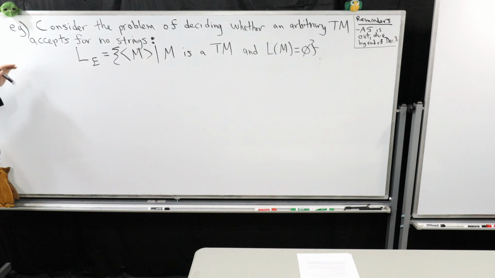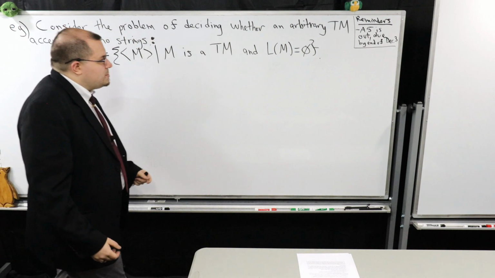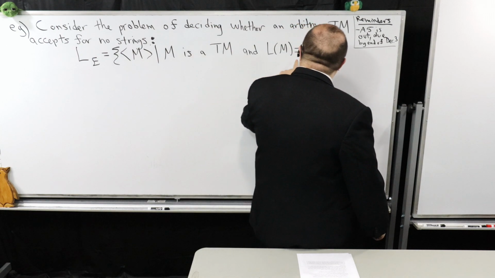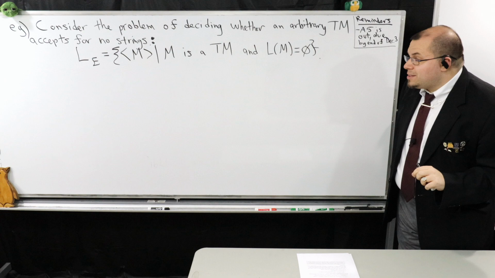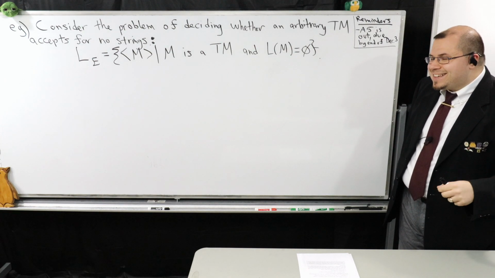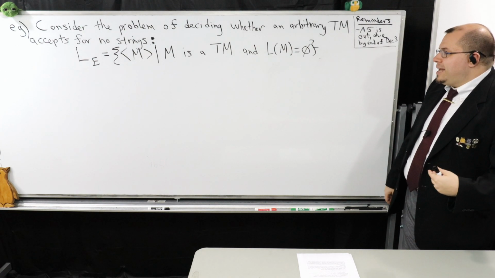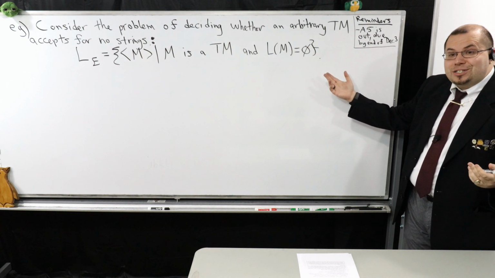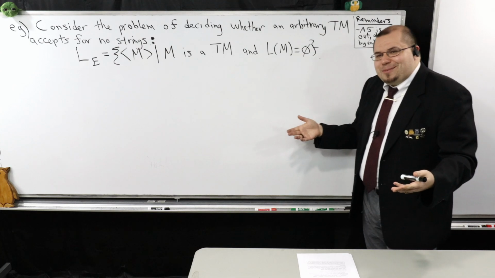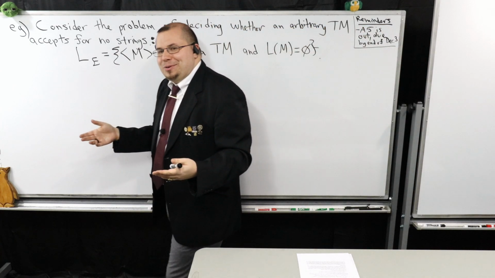I'm going to consider the problem of deciding whether an arbitrary Turing machine accepts no strings. That means the language of the machine M is empty. It shouldn't be confused with the fact that, yes, you can design a Turing machine that does in fact have an empty language. Remember, we described such a Turing machine some while back when we were encoding Turing machines.